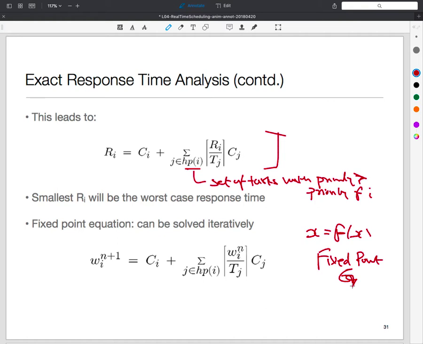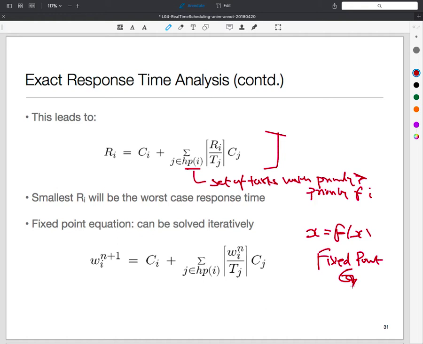Okay, so we start with guess number 0, calculate guess number 1, keep iterating until one of two things happens. Either I will end up showing that it is not schedulable, because if you think about it, with this, my guesses will only increase in value, right?